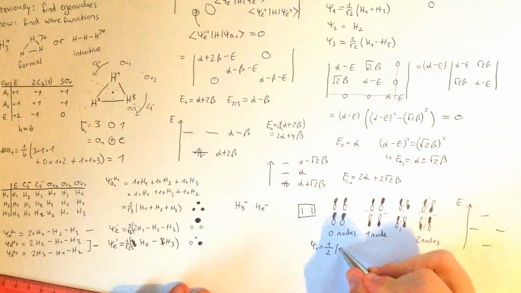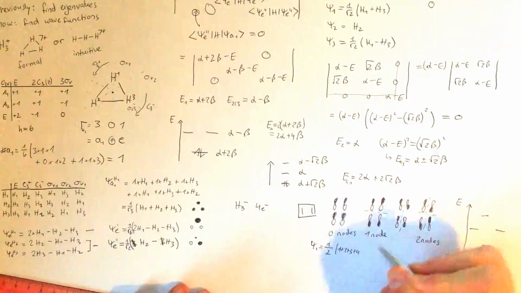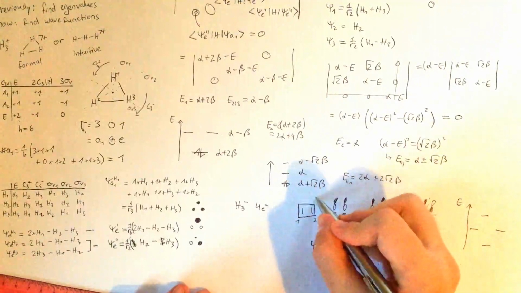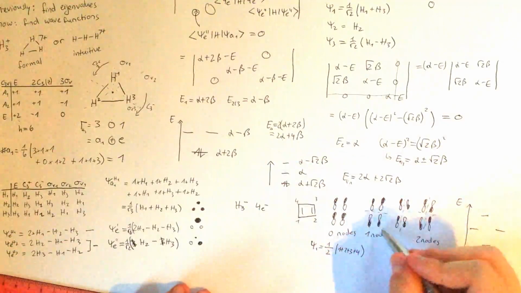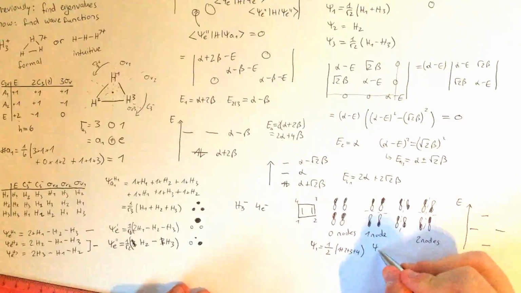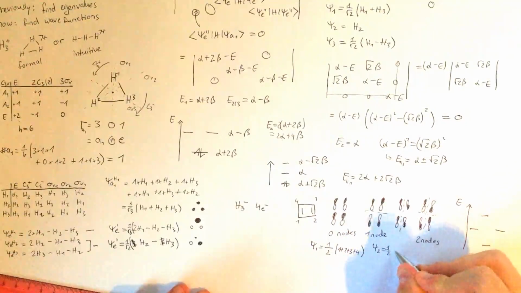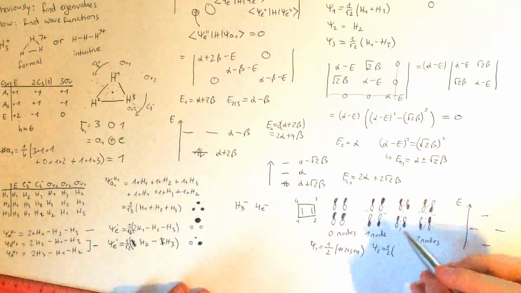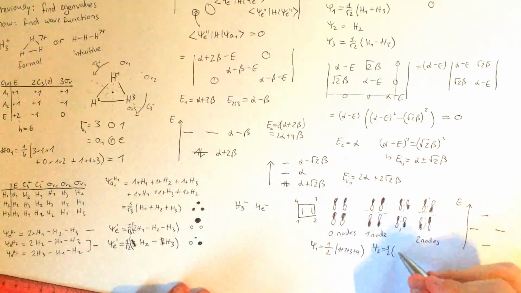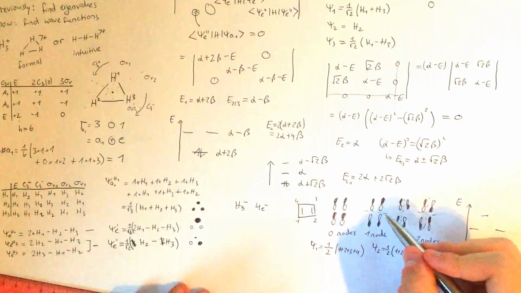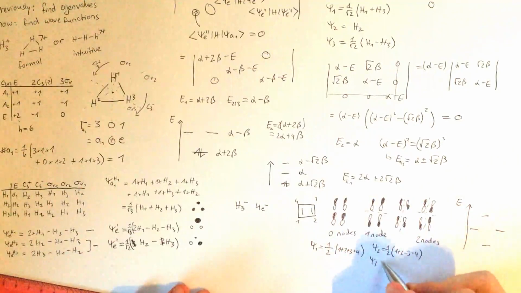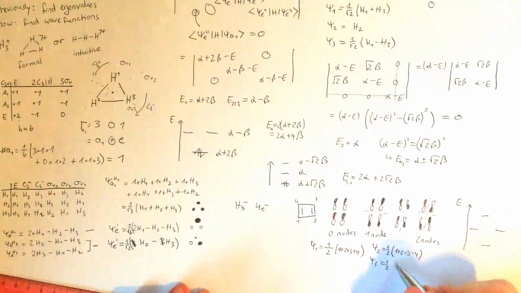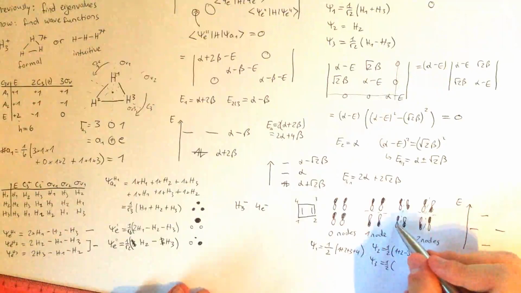I'll just write 1 plus 2 plus 3 plus 4, if I call my carbons 1, 2, 3, and 4. For one node, I will have psi 2 is 1 over 2, and then 1 and 2 are in phase, so 1 plus 2, but these two, 3 and 4, are out of phase, so -3, -4, and psi 3 is 1 over 2, again normalized.